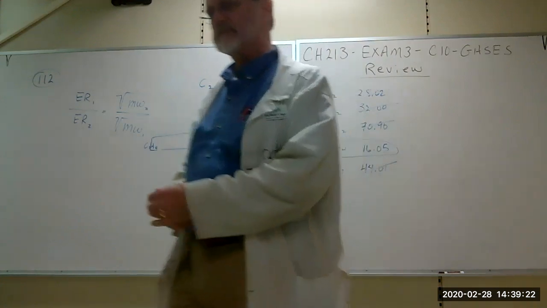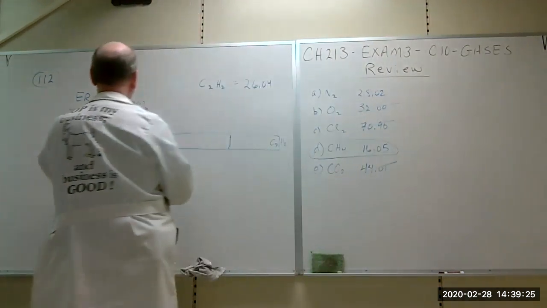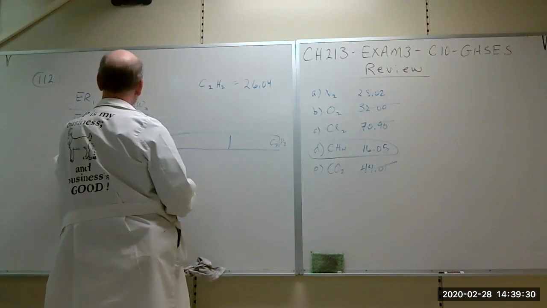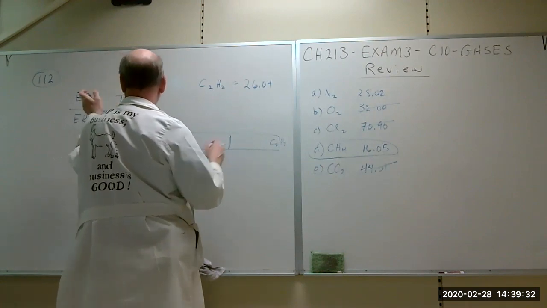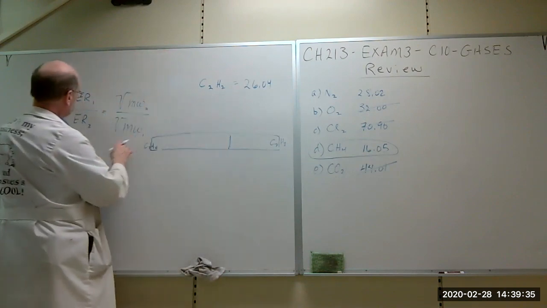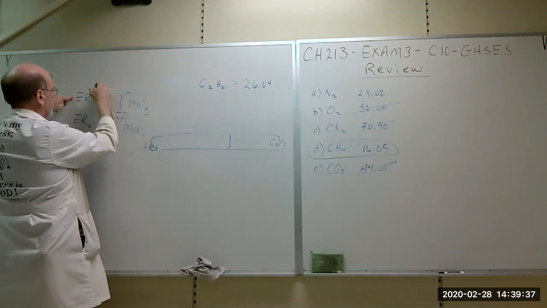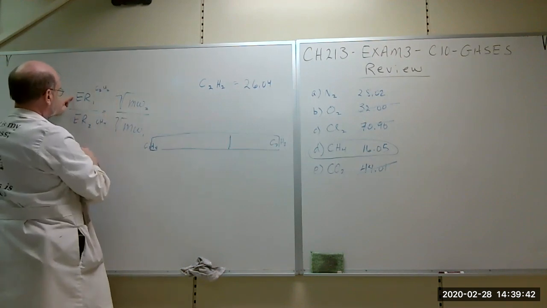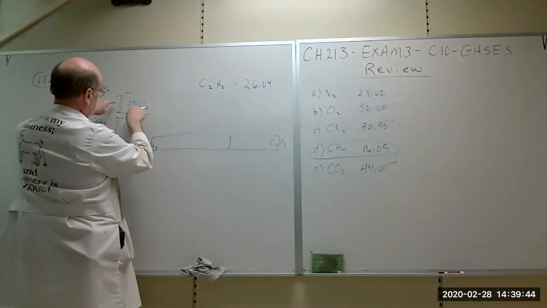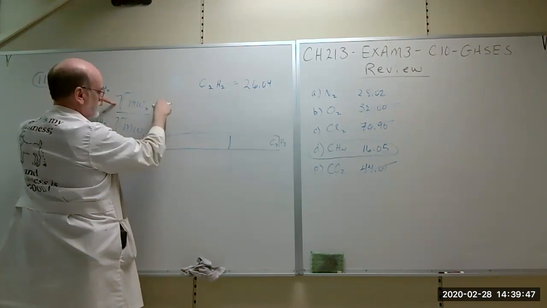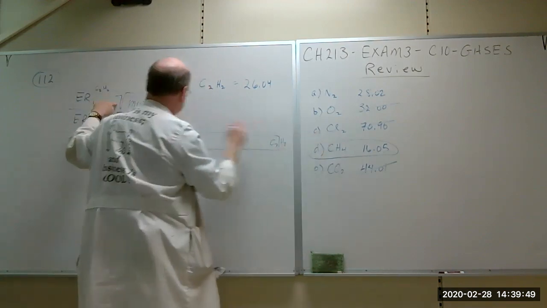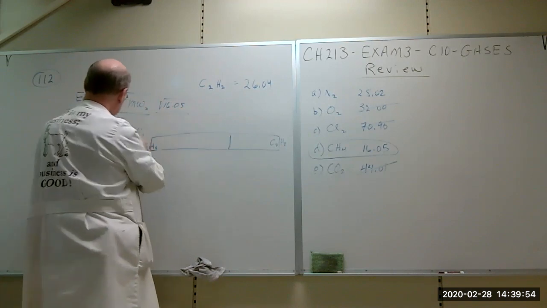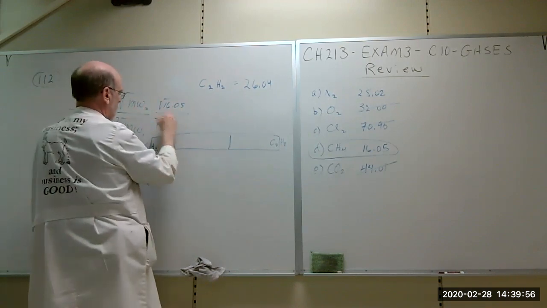Let's just calculate it. I'm curious. Molecular weight of, let's see. Really doesn't matter as long as we put it in the right place. So let's say this one is acetylene, and this one's methane. So this one is 16.05 per root, and this one's going to be 26.04.